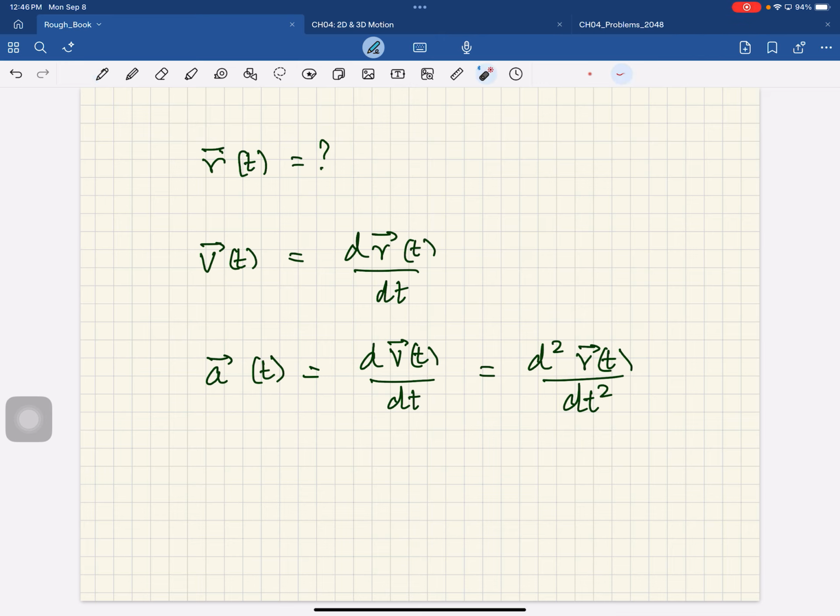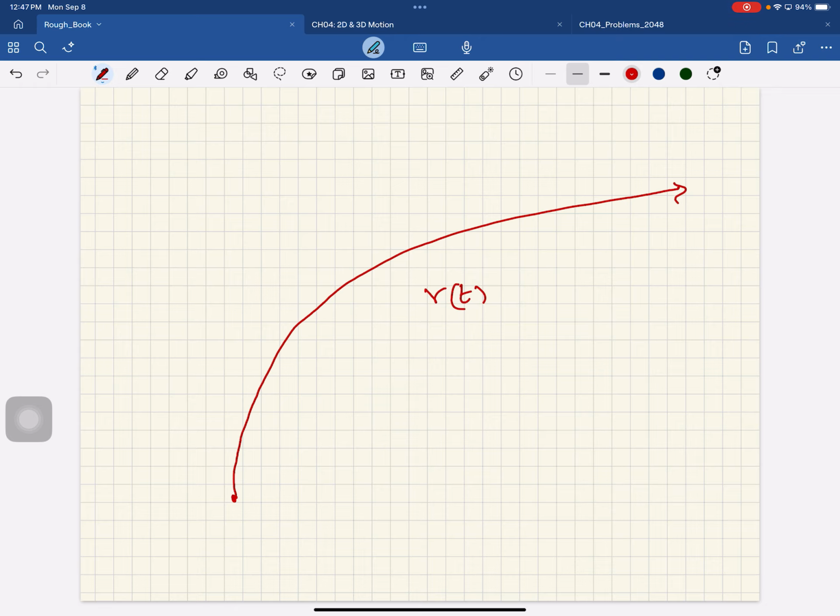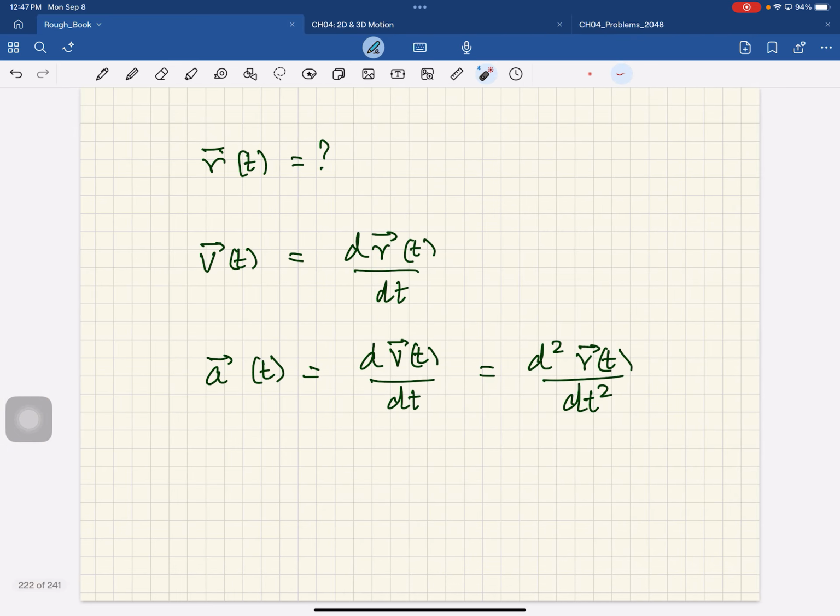Why are we interested in all of this? For instance, if you're Elon Musk and you want to shoot a rocket and you want the rocket to go like that, then you can calculate the acceleration you need and the thrust your rocket needs to have.